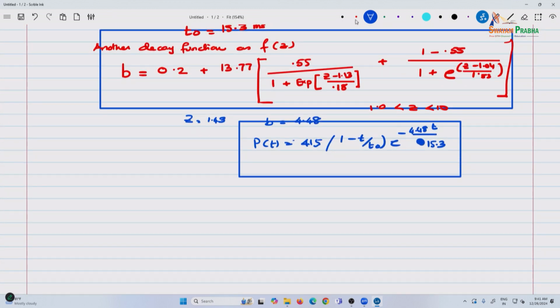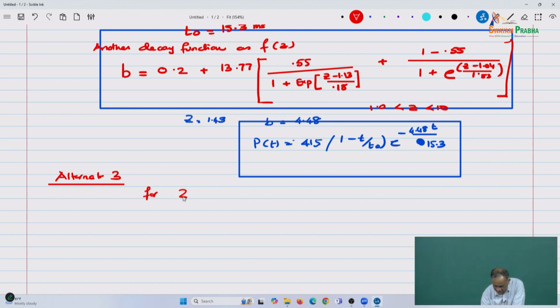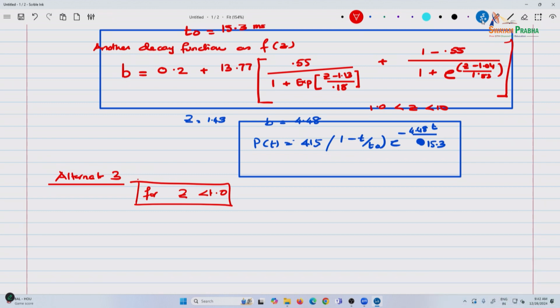Alternatively, when you expand the exponential functions, let me take another example. In this case, for Z less than 1.0, since that was for Z between 1 and 10.